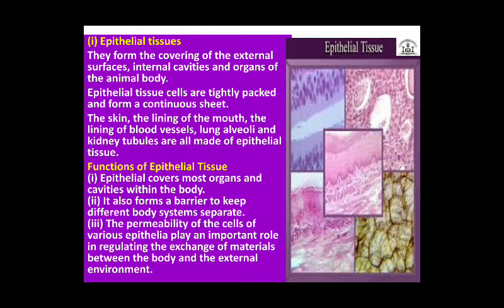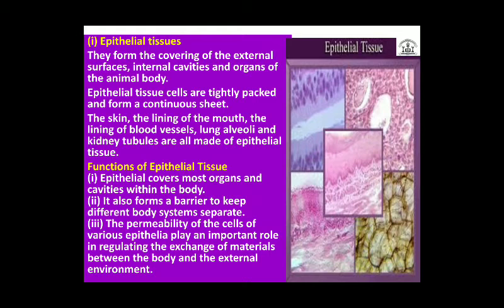Every animal has many organs, and these organs are separated by this epithelial tissue so that the organs function properly. Next, the epithelium forms a selectively permeable membrane over the body and other organs.